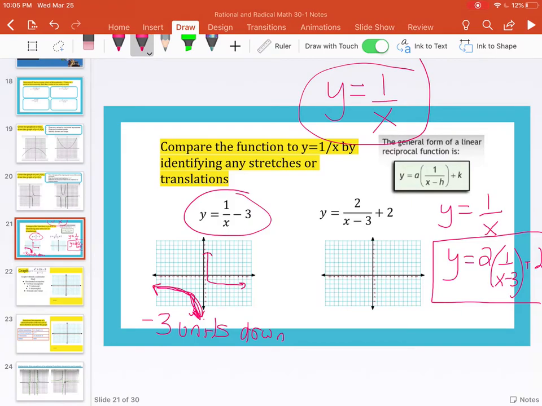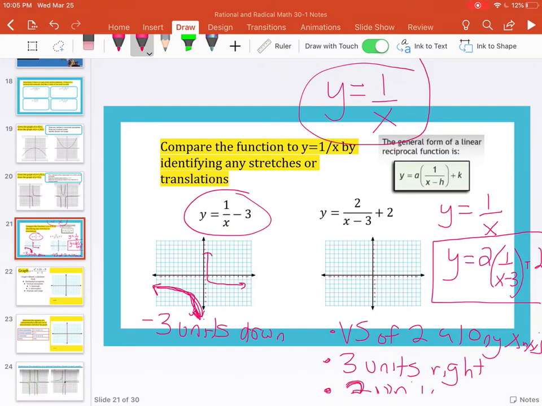So I know I have a vertical stretch of 2 along the x-axis. Because my x was replaced with x minus 3, I am going to translate my graph 3 units to the right. And because I have that plus 2 there, I'm going to move 2 units up.